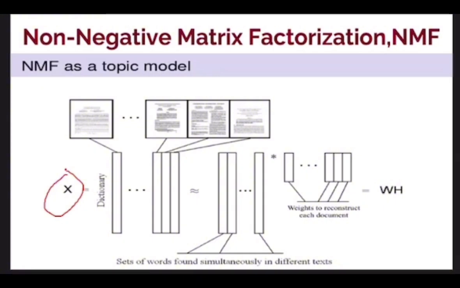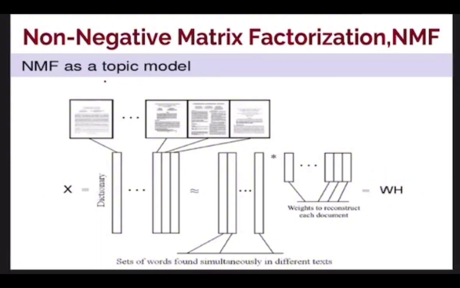We want to decompose this into two lower matrices, and each of the lower matrices must not be negative. We all know a weight can be negative, but a count of words? Can we have a negative count of words in an article? No, it cannot be negative. Does that make sense?